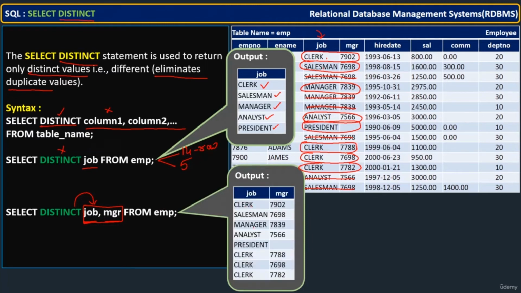Here clerk is 4 times, but with the combination of MGR, it is unique. So in total we have 8 rows, and here also 8 rows in the output. So whenever you need distinct values on an attribute combination, go for the distinct keyword.